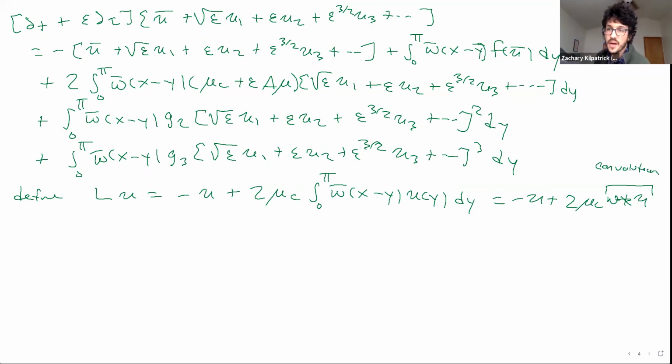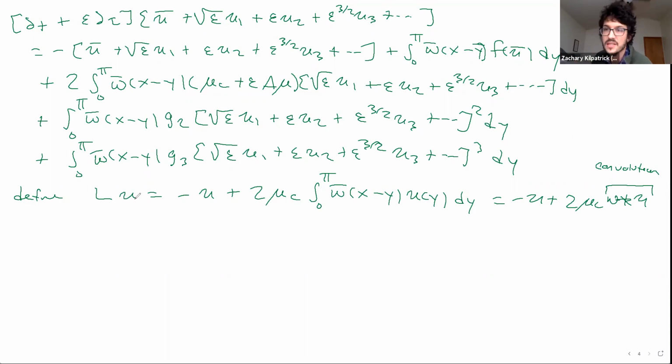Now that linear operator is just going to show up over and over again in our hierarchy, right? So if I take this big mess and I start peeling off order 1, order epsilon to the 1/2, order epsilon to the 1, order epsilon to the 3/2, and so on, okay? The homogeneous part of my equation is just going to repeatedly be this linear operator, okay?